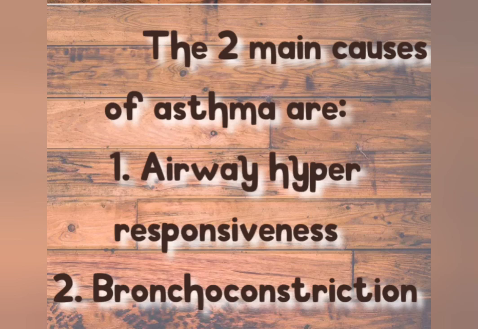The two main causes of asthma are airway hyperresponsiveness and bronchoconstriction. Airway hyperresponsiveness is the increased tendency of the airway to react to triggers or stimuli that cause an asthma attack. Bronchoconstriction, on the other hand, simply means a narrowing of the airways that causes obstruction in the flow of air.